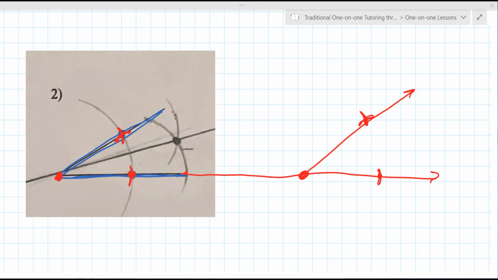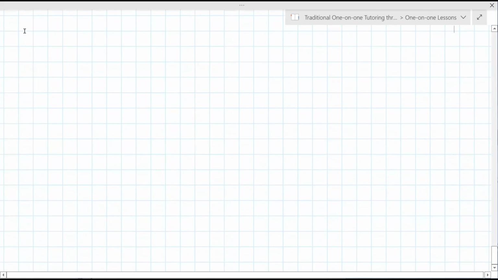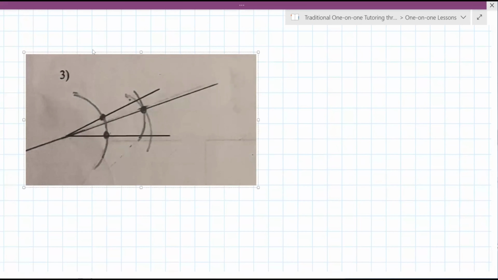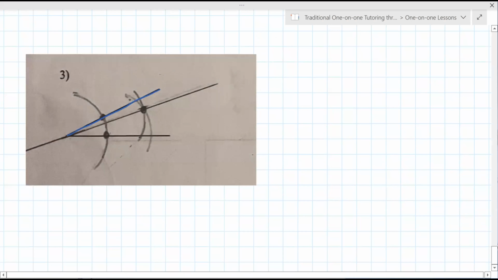All right, number 3. So number 3, that's your original one. Again, we would extend this out, create a new vertex point, and then just like you have here, you would swing an arc and an arc from the vertex.